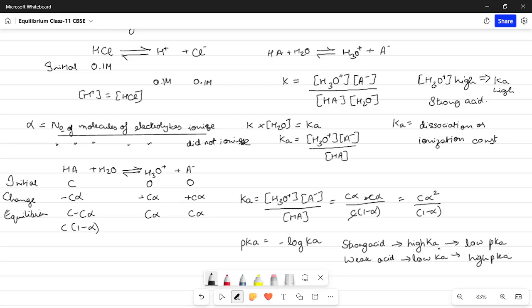So using the values of Ka and pKa, we are able to figure out the strength of the acid. Because you have a higher concentration of H3O+, a stronger acid would have a higher value of Ka. Whereas in the case of a weak acid, because the concentration of H3O+ will be less, it will have a low Ka value.